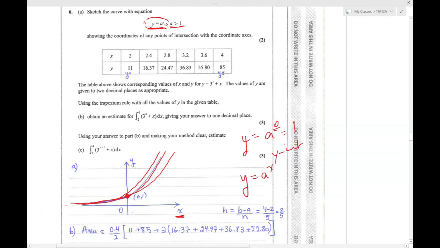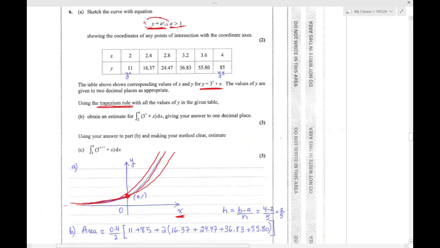Now, they gave you the table, and this table shows the corresponding values of y and x for this equation. The values of y are given to 2 decimal places as appropriate, using the trapezium rule. Now, for the trapezium rule, you don't have to memorize it.